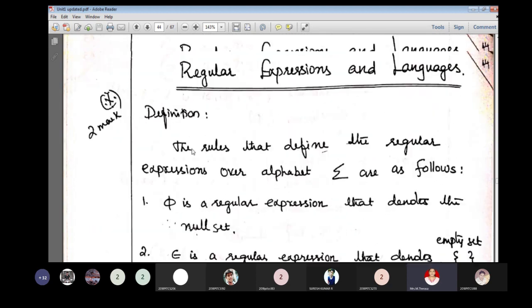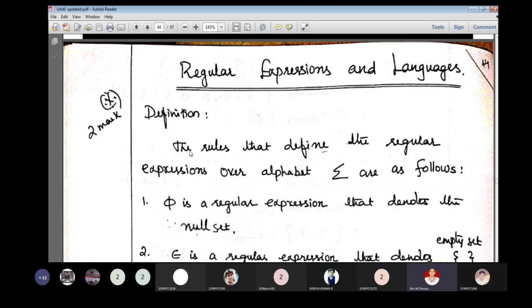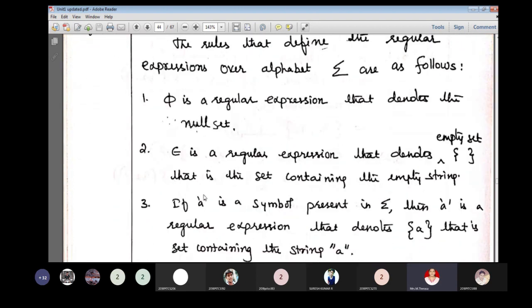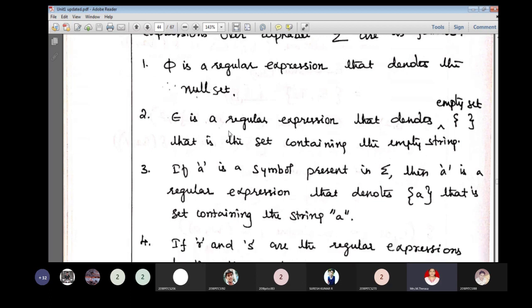I'll repeat. The languages that are accepted by finite automata are called regular languages, and the simple expressions used to represent the regular languages are regular expressions. We start with the basic units: phi, epsilon, and small a are the regular expressions which represent the null set, null string, and a respectively.